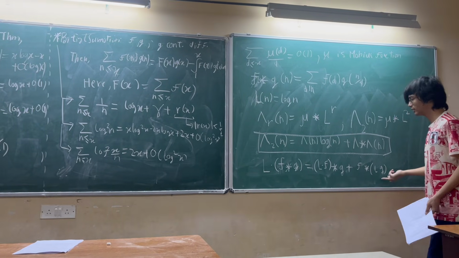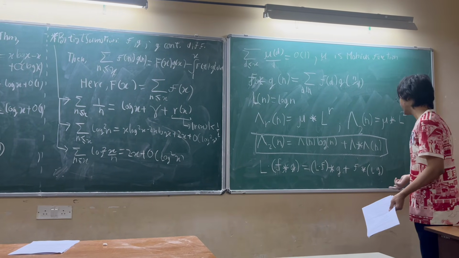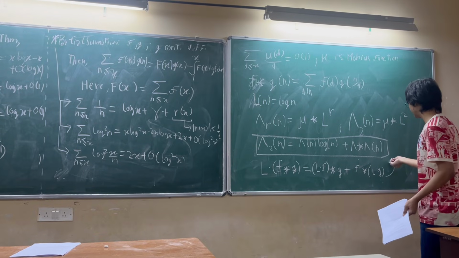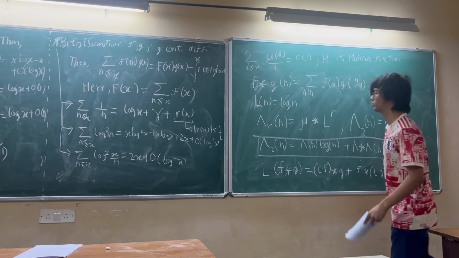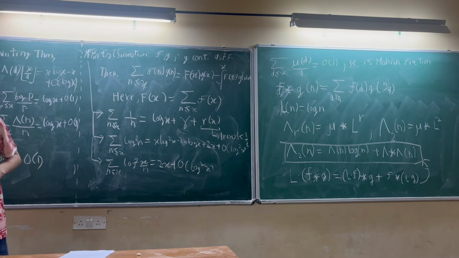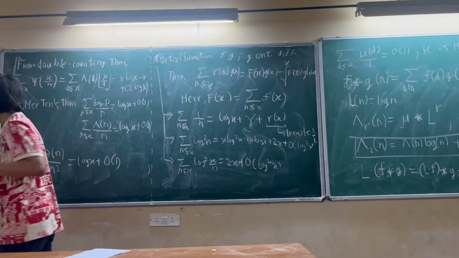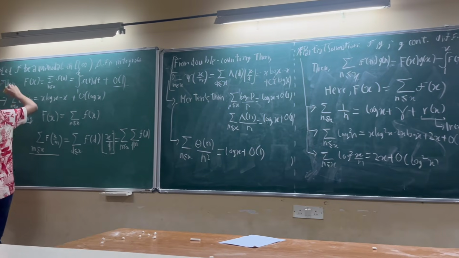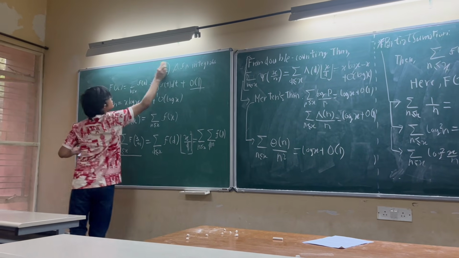This is called a derivation on the ring of arithmetic functions, and using that you can easily show this identity. We state it right now for the time being without proof. Alright, so we have identified our object of interest and we are going to analyze it even further.